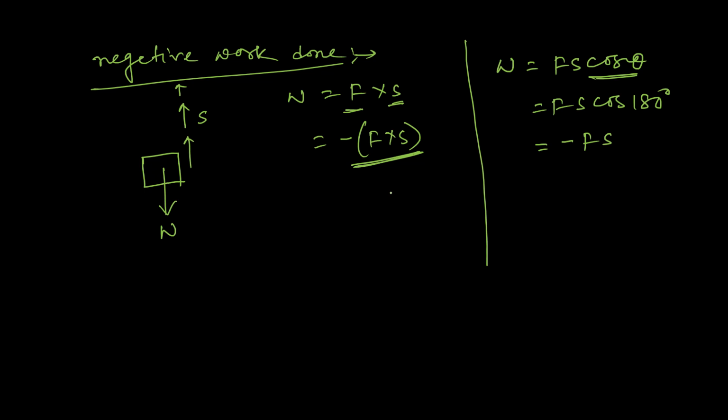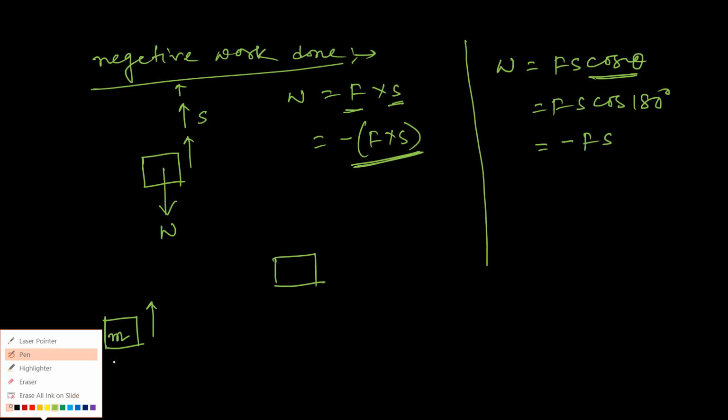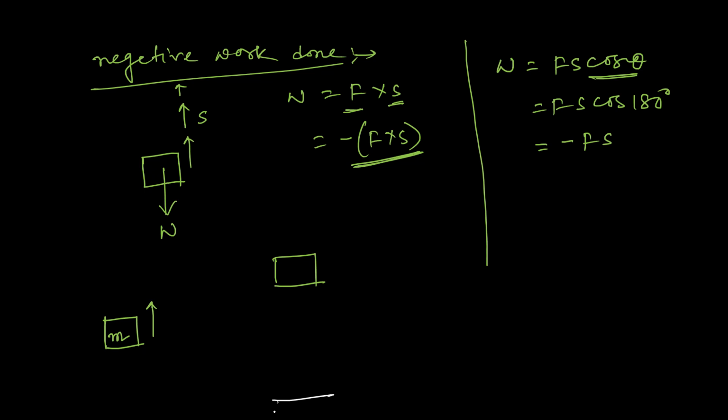Now if I ask you what is the work done against gravity, that means suppose you have an object and you are lifting that object in the upward direction. Suppose that object has a mass of m and you are lifting it upward and you have placed it at a particular height with respect to the ground.